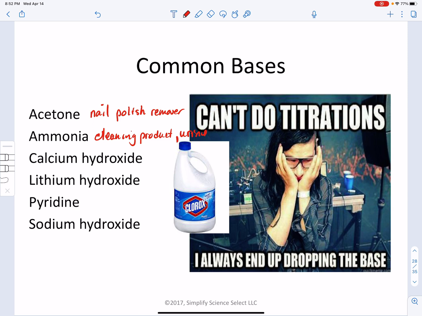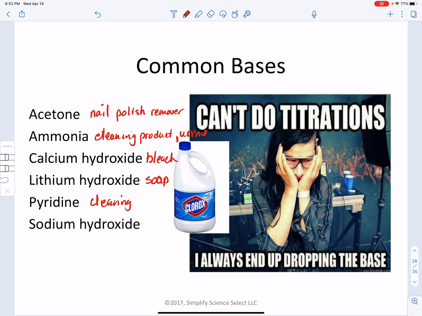Calcium hydroxide and lithium hydroxide, pyridine, sodium hydroxide. These can all be found in different kinds of bleach. So this can be found in bleach. Lithium hydroxide can be found in some soaps. Pyridine, I can't remember a common source of that, but it is a cleaning product of some sort.